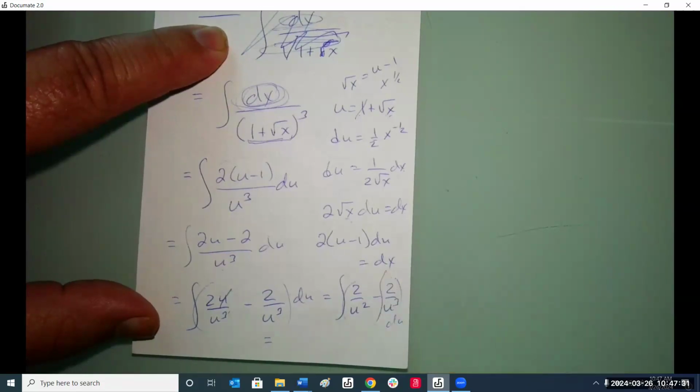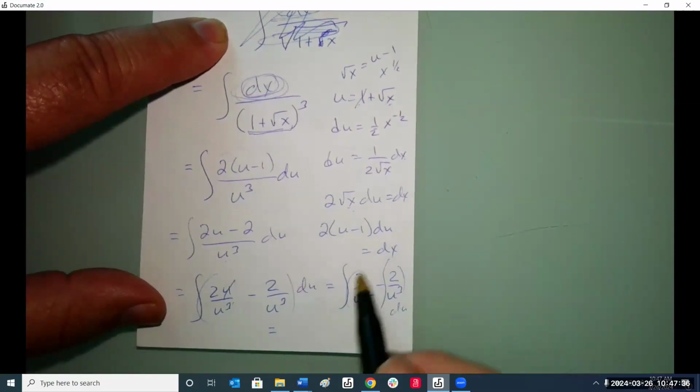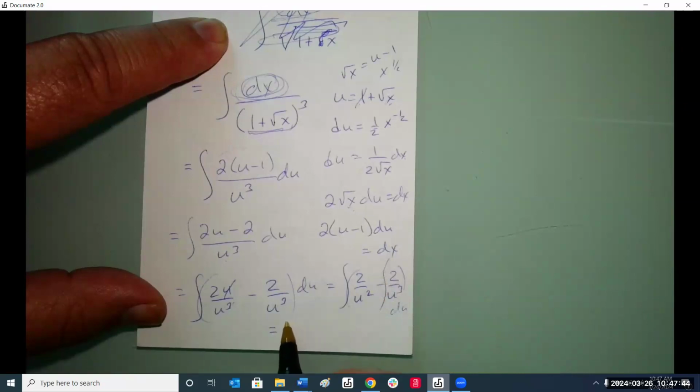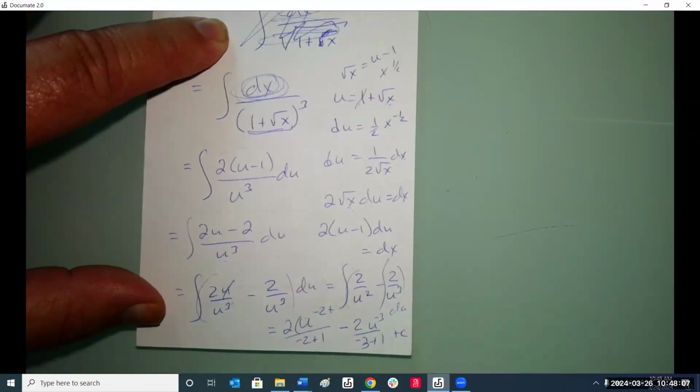Now we take both of these separately. So the integral of this one, bring it on top, negative 2, we have u to the power negative 2 plus 1 divided by negative 2 plus 1, minus 2 u to the power negative 3 plus 1, plus c.